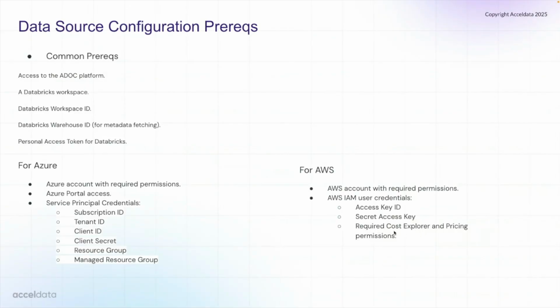The last one is required for getting the computing details from Databricks. All these configuration details like the various IDs and secret keys would be provided to you by your Azure or AWS admins.